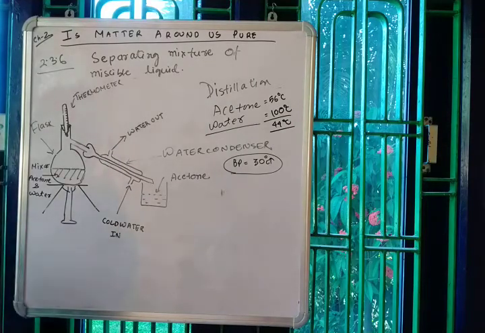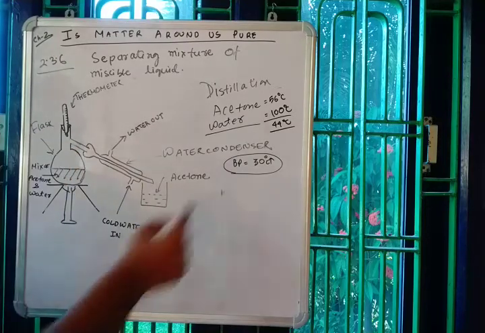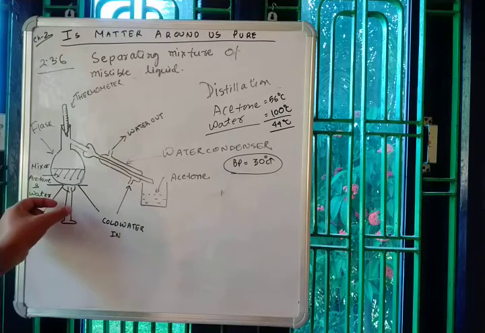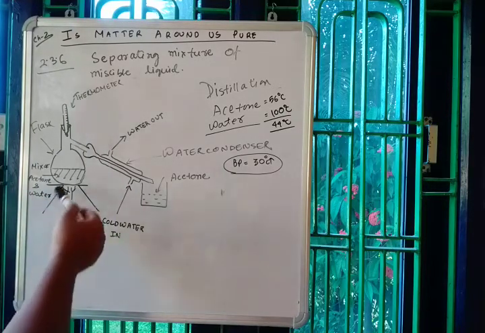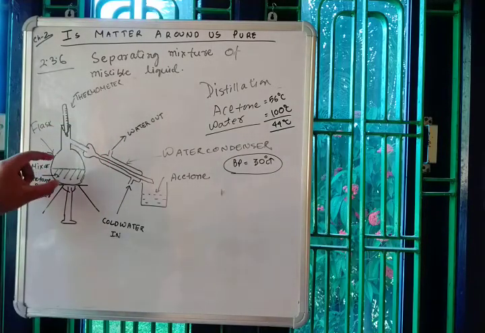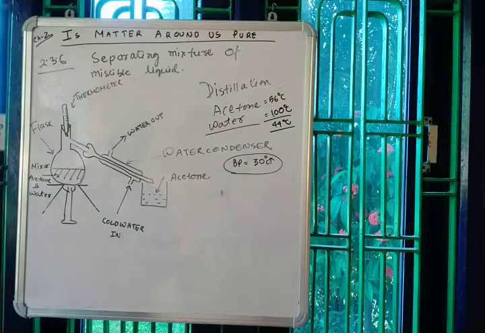So what happens here? In this distillation flask, we will take the mixture of acetone and water, and then we will start the burner. As we start the burner, the temperature of the overall mixture will start to rise, and there is a thermometer. We will use the thermometer to monitor the temperature of the mixture taken inside the flask. So slowly this substance will heat, correct?